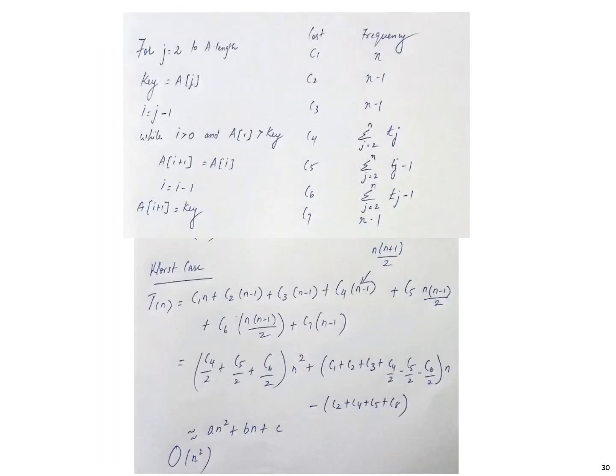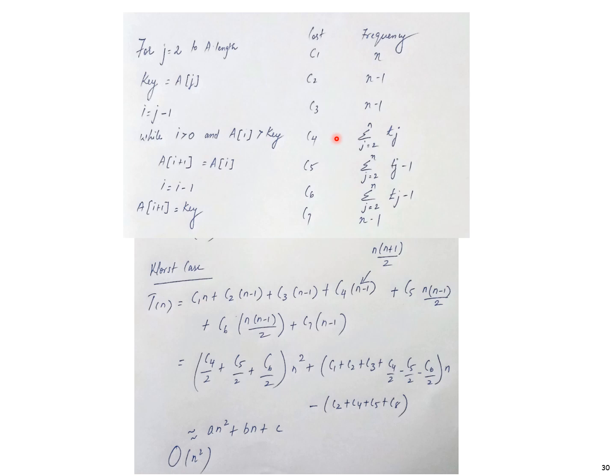Next, coming to the worst case of insertion sort. When we have the worst case, these two statements are also executed. So C1n, C2(n minus 1), C3(n minus 1), C4(n minus 1). The while condition will run n into (n plus 1) by 2 times, because if there are n items, this is the sum of n natural numbers. If I have 5 items, it is going to happen 5 times, 4 times, 3 times, 2 times, 1 time.